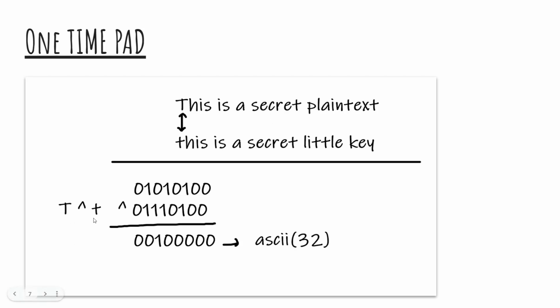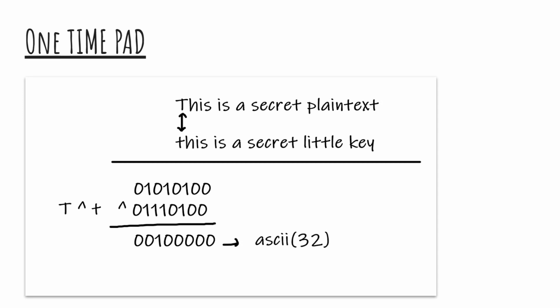So we are supposed to XOR the uppercase T with the lowercase t here. First we write their ASCII numbers in binary, both of them. Applying bitwise XOR on these two bytes, we get another byte, and the same thing will be repeatedly done for every character of this plain text and key.